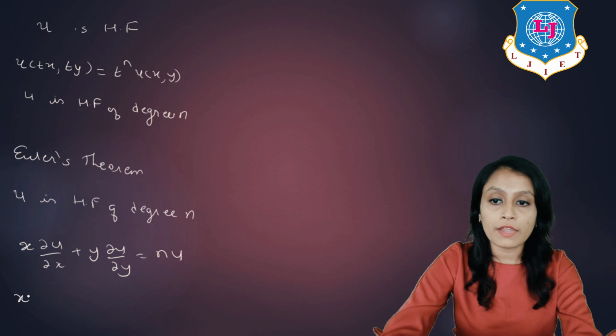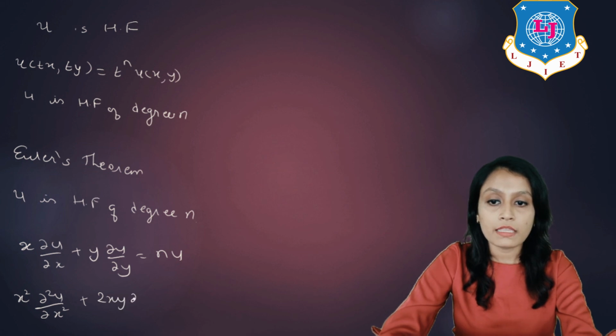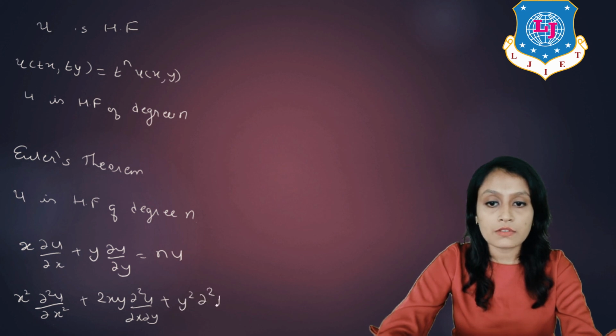And if we want to find this x square del square u by del x square plus 2xy del square u by del x del y plus y square into del square u by del y square, so the answer will be n into n minus 1 u.